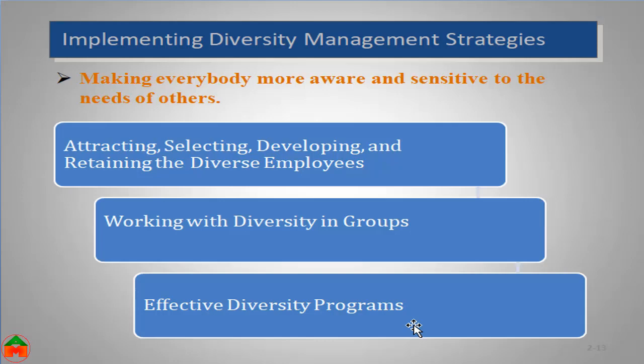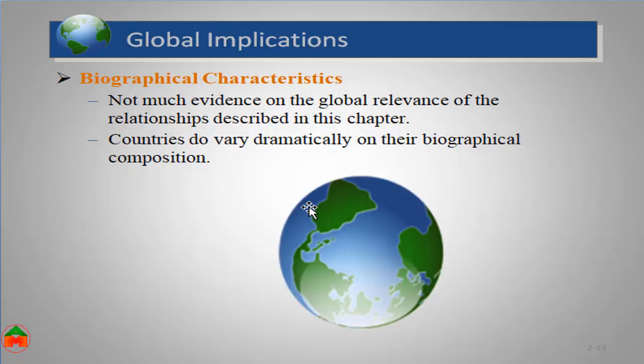utilized to enhance performance. Considering the globalization effect, there are many differences in biographical characteristics across cultures, but there is no evidence to support that there is a global relevance to the relationships we looked at in this chapter. Countries do vary dramatically in their biographical composition, but it doesn't affect productivity if the managers can effectively manage the diversity.